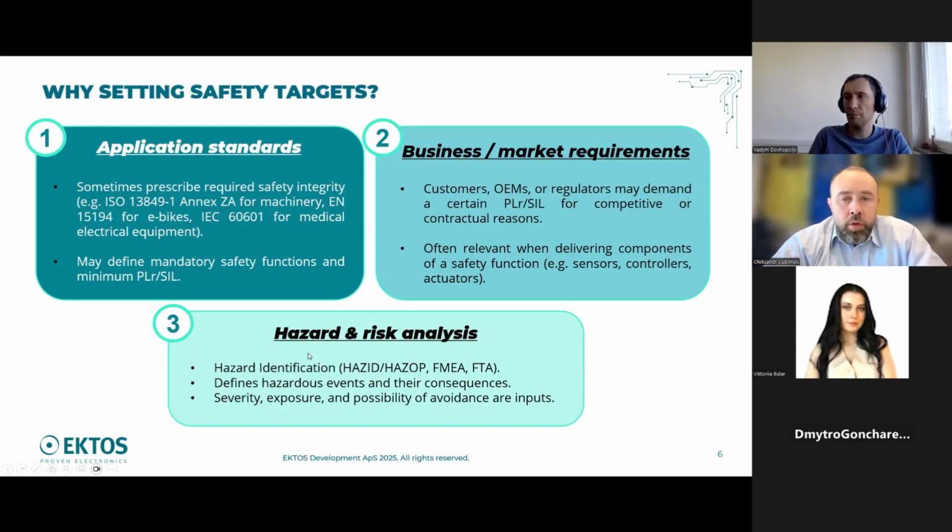And the third part where safety targets come from is hazard and risk analysis, because based on the hazard and risk analysis activities we normally do during the product analysis, pre-architecture and architecture phases, they declare the minimum safety target we can set to be able to reach specific performance levels and so on. So these are the three directions where we get our safety targets from.